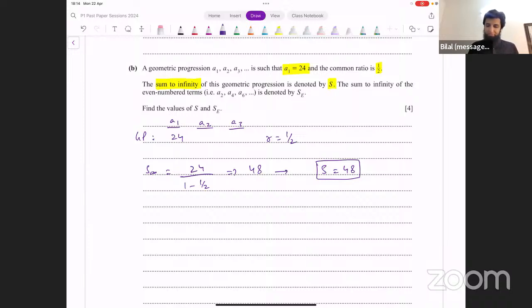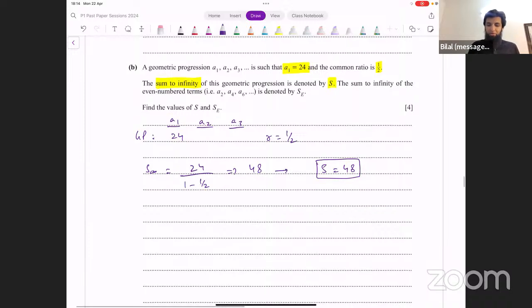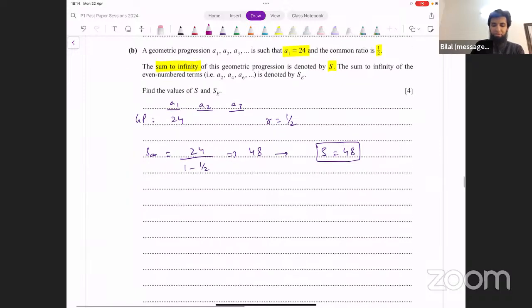Now it says the sum to infinity of the even numbered terms, A2, A4, A6. What that means is the terms that are coming at even positions. Now, let's try to understand that. What does the first geometric progression look like? Let's call this GP number 1.